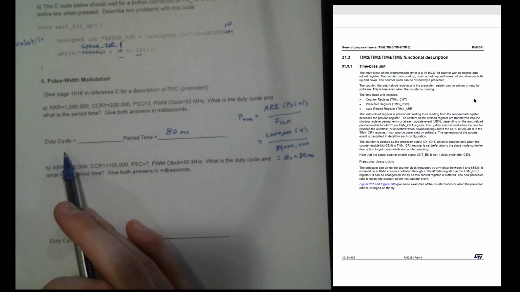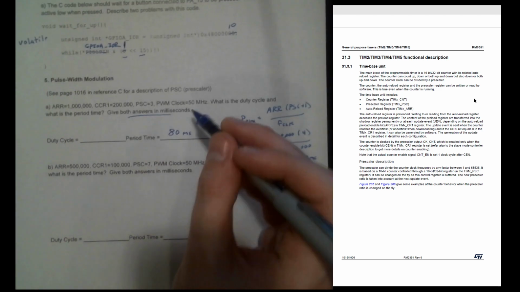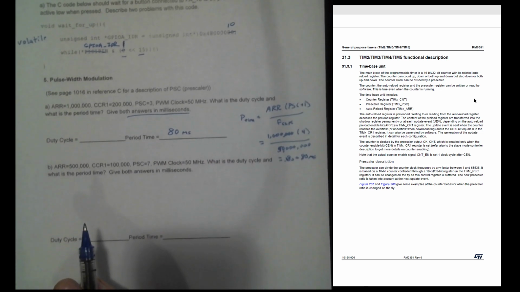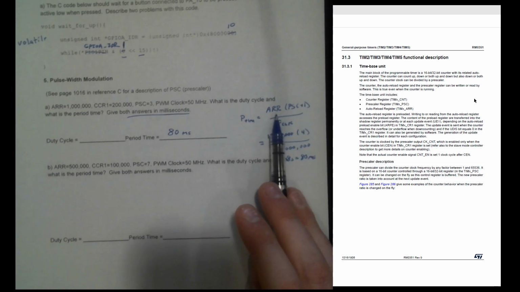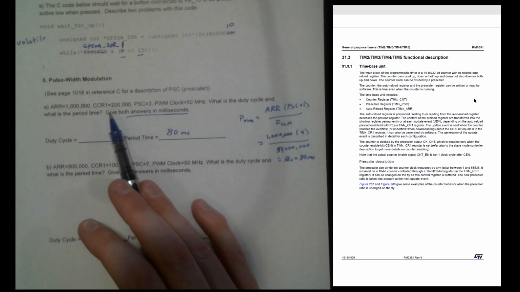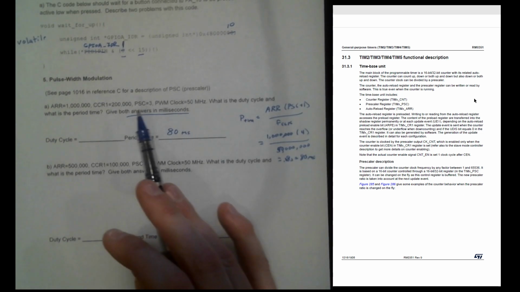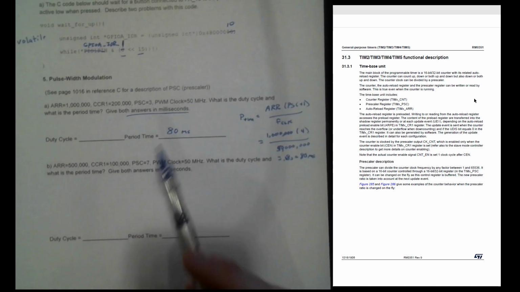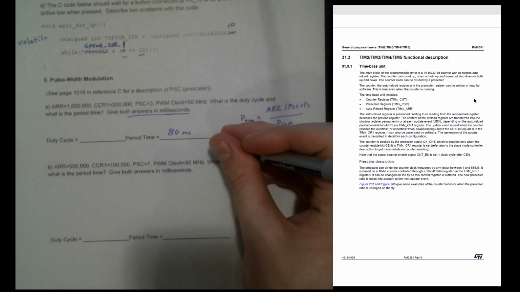The duty cycle, it says give both answers in milliseconds, so we're not looking for the percentage. We can find the duty cycle in two ways. We could plug and chug this same equation, but replace ARR with CCR1, and that'll give us the time it'll take at this PSC and clock rate. The other thing we can do is just figure out the duty cycle percent.